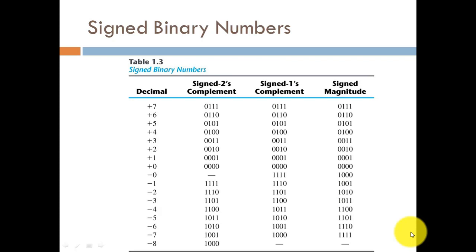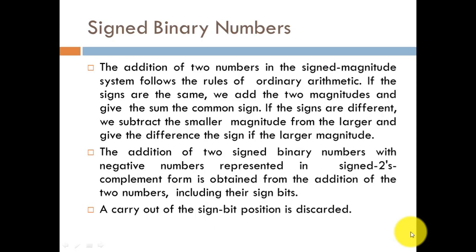How we calculate sign 1's complement and sign 2's complement, we have already understood. Now moving forward, the addition of two numbers in the sign magnitude system follows the rules of ordinary arithmetic. That is, there is nothing specific about that. If the signs are the same, we add the two magnitudes and give the sum the common sign. And if the signs are different, that is, one is positive and the other is negative, we subtract the smaller magnitude from the larger and give the difference the sign of the larger magnitude.